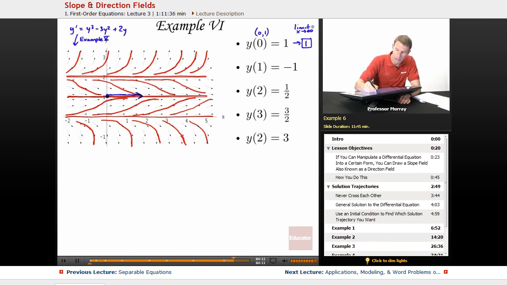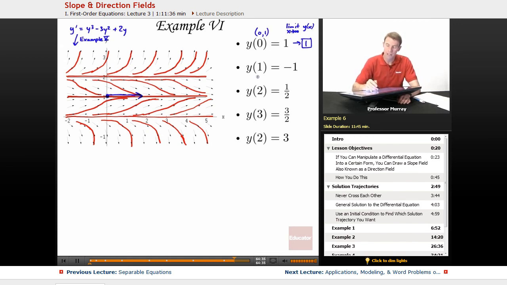The limit of y of x, let me give myself a little more space in case you're having trouble seeing that at the edge of the screen there. The limit as x goes to infinity of y of x each time is what we're going to figure out.